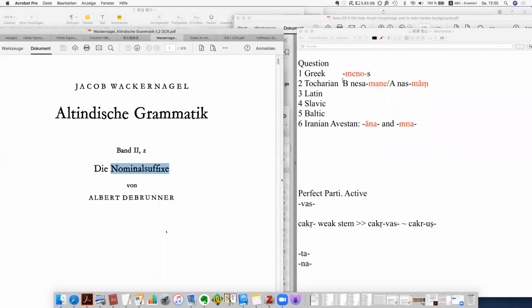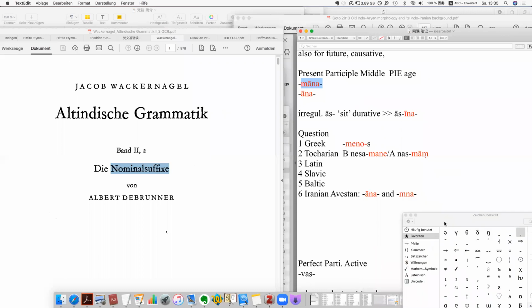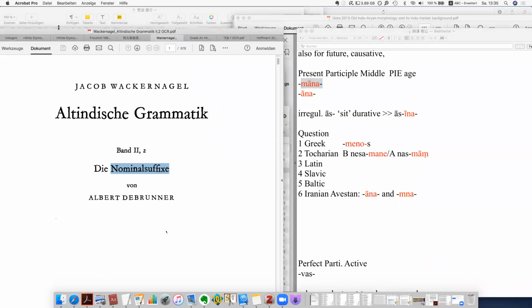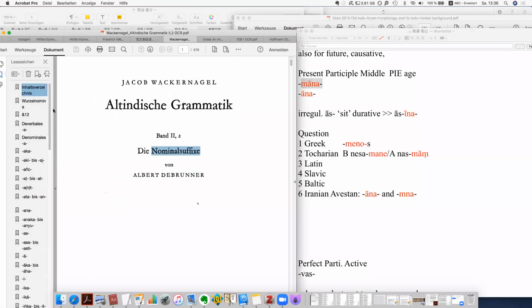And this māna is also considered a nominal suffix because it can build a noun or an adjective. Okay. And let's move to the section on māna.